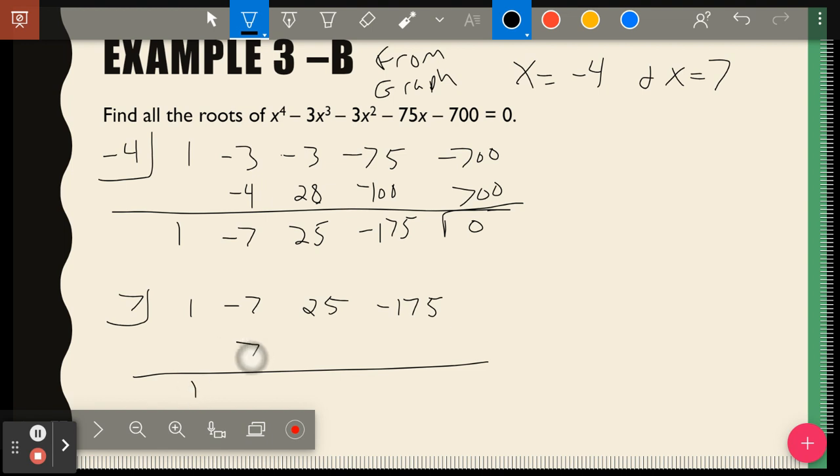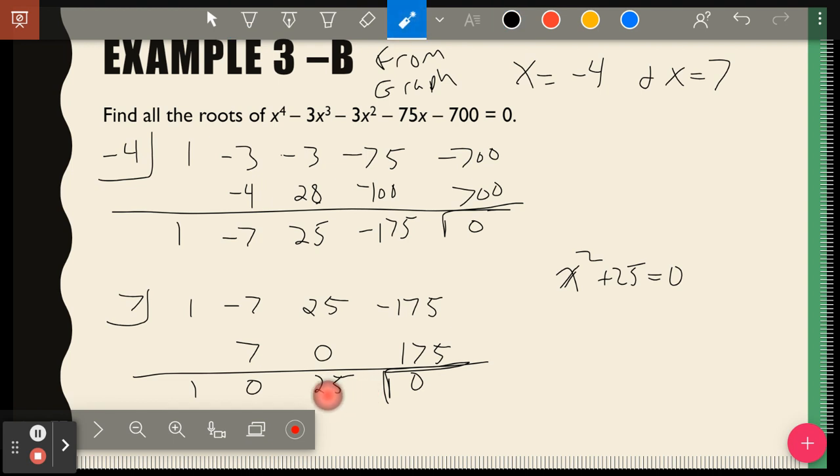1 drops straight down. Times by the box, add. Times by the box, add. So I'm left with x squared plus 25 equals 0. If you think of it this way, this was x to the third, and this will now be x squared.